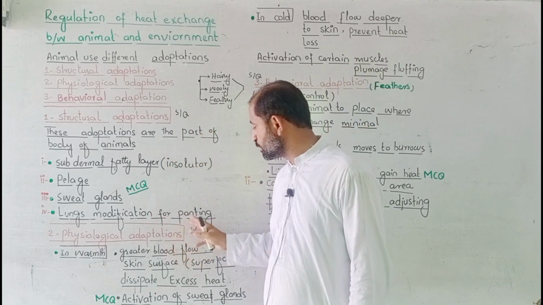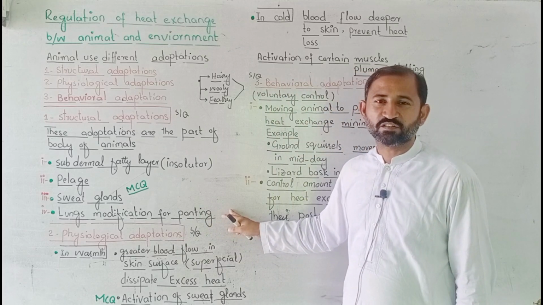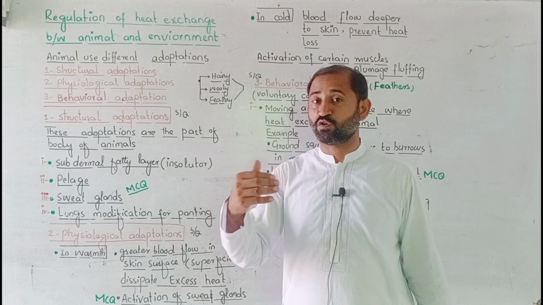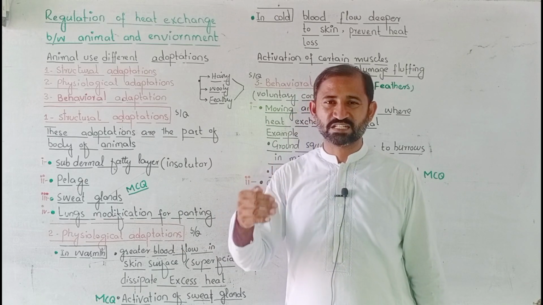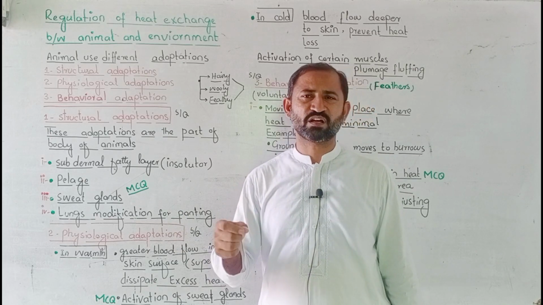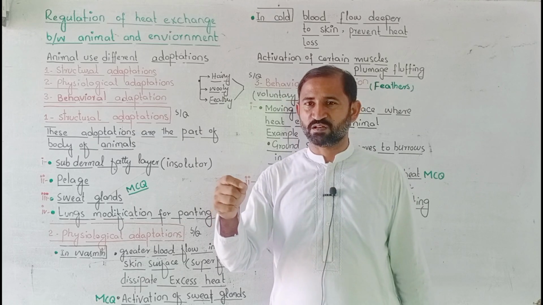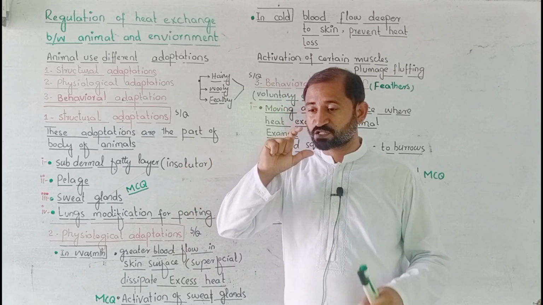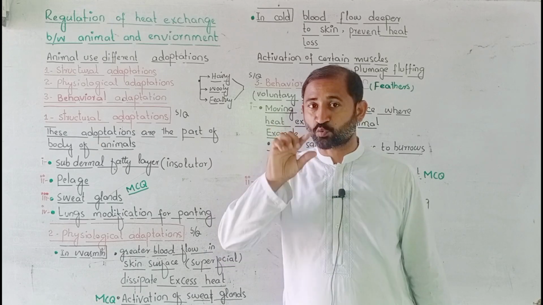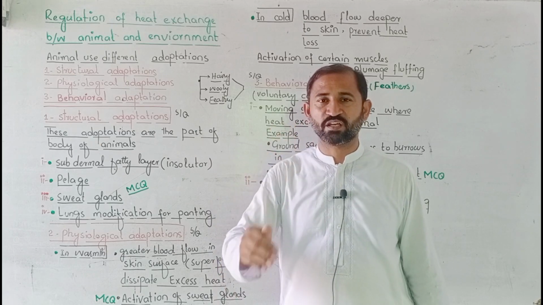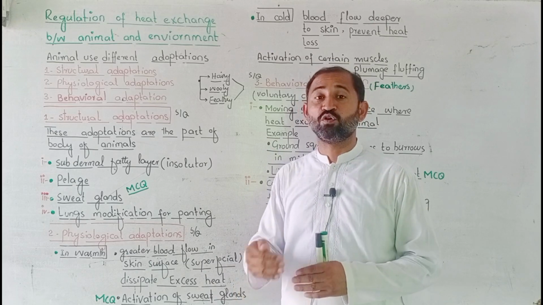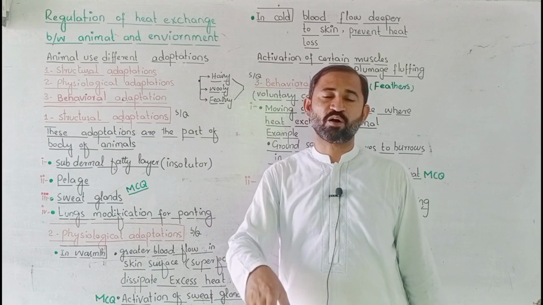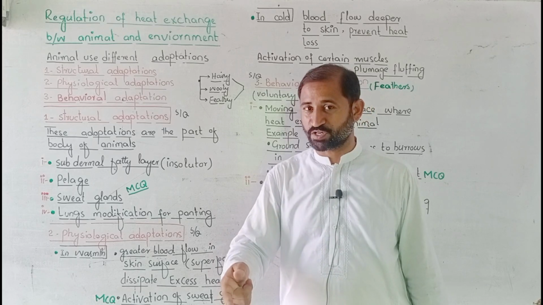And number four is lung modification for panting. For example, in the case of a dog, whenever the dog is sitting in a hot environment or during the summer season, the dog protrudes its tongue, and water continually flows drop by drop over the tongue.